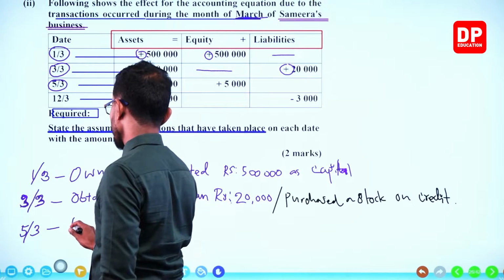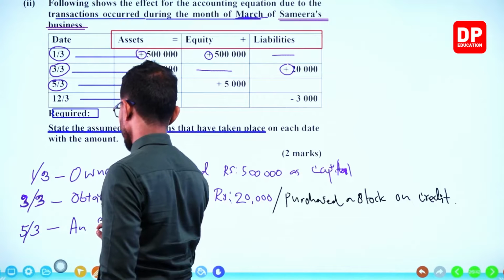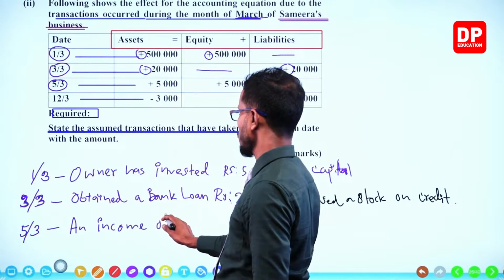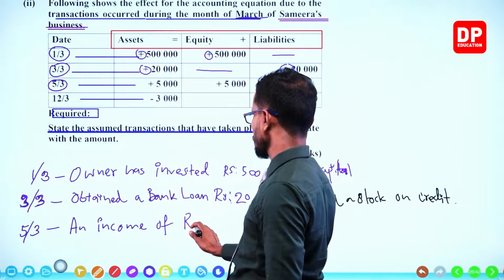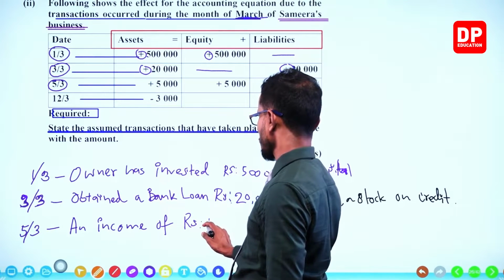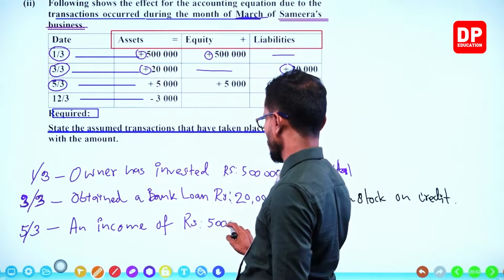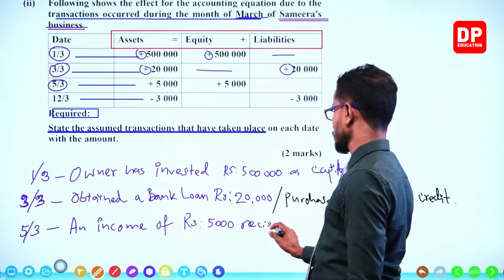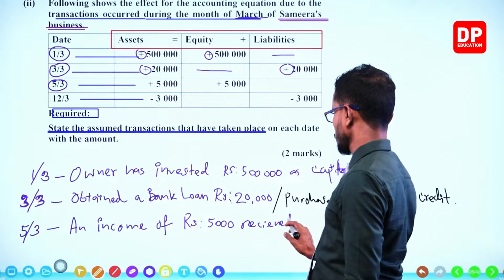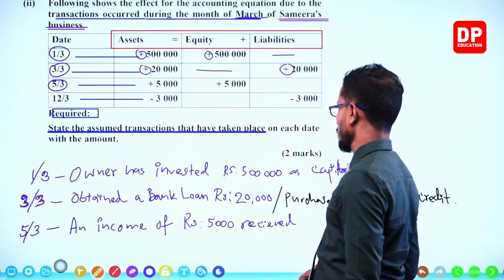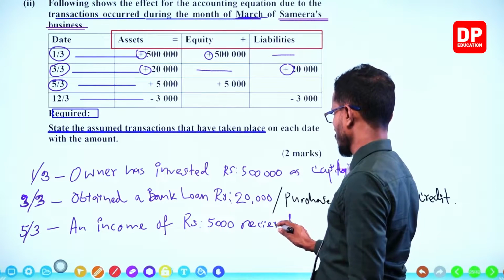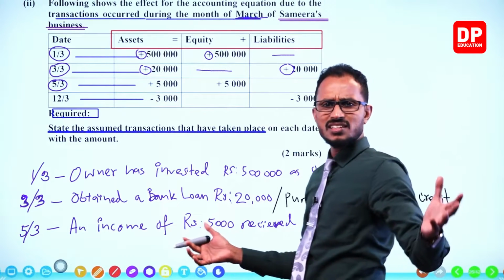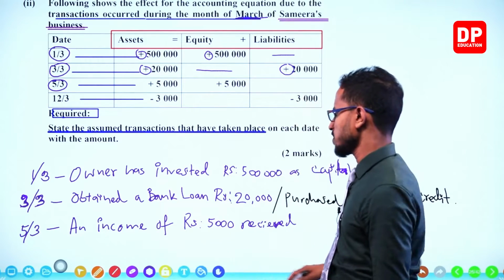An income of rupees 5,000 received. Maybe a rent income, maybe an interest income, whatever the income, doesn't matter.